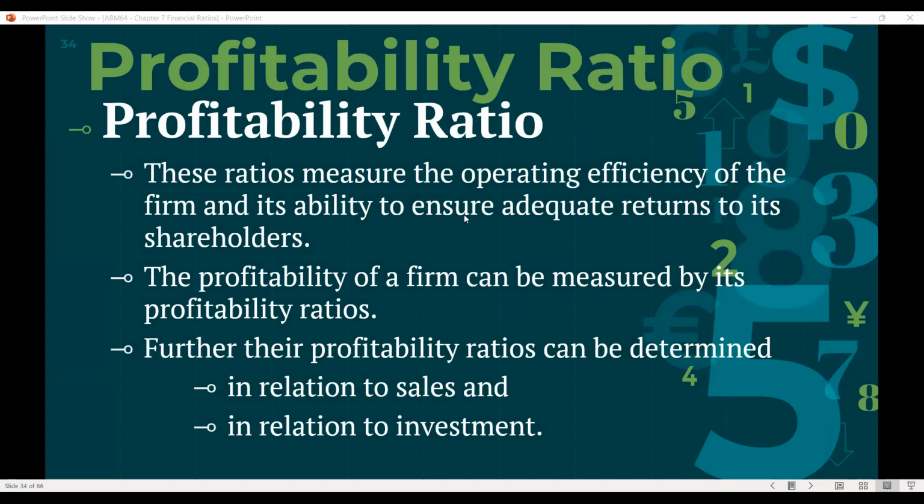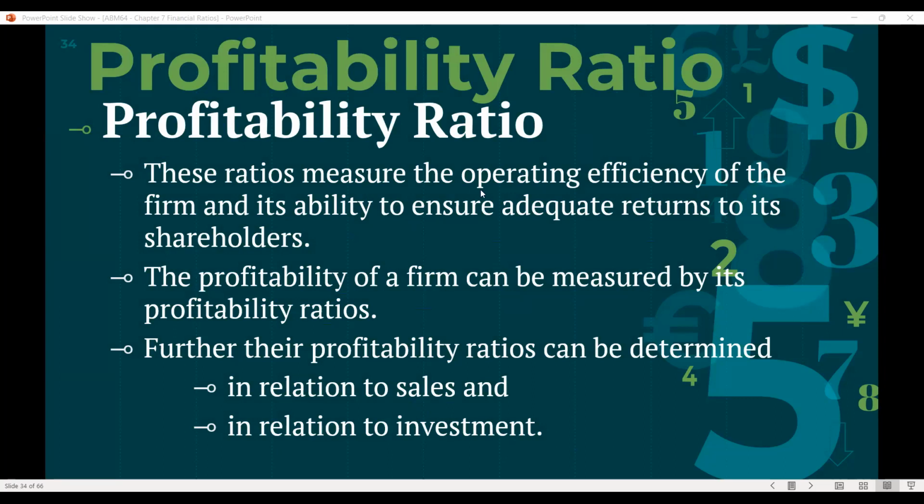These ratios measure the operating efficiency of the firm and its ability to ensure adequate returns to its shareholders. So the profitability of a firm can be measured by its profitability ratios. Further, these ratios can be determined whether it is focused on return to sales or return to investment.